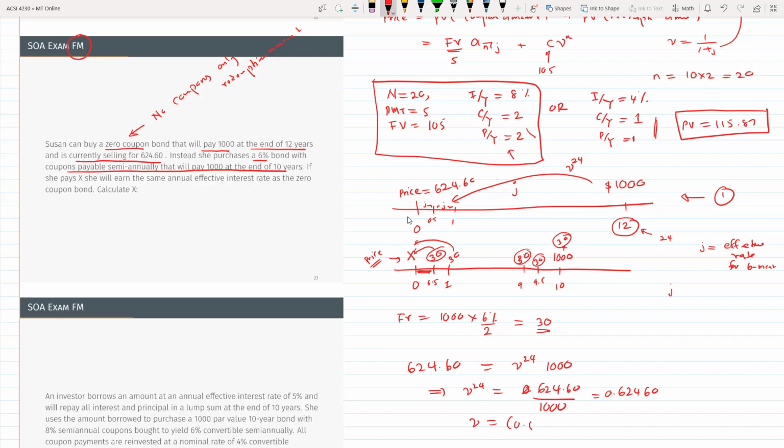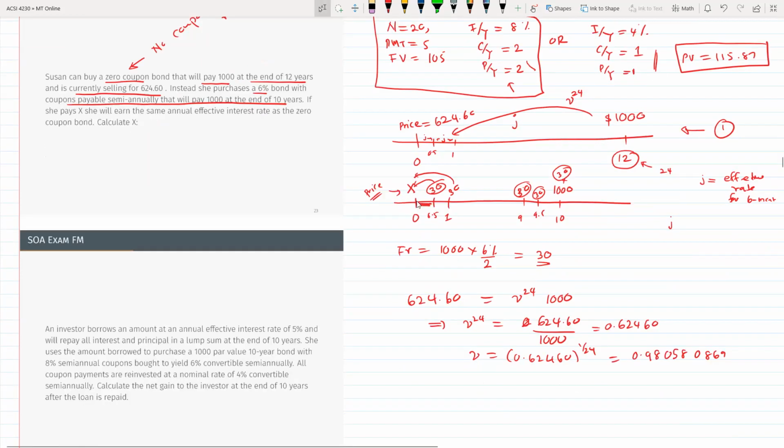V is what? Let's calculate this. 0.62460 to the power 1/24 is going to be 0.980580869. And we know that V is 1 over 1 plus J. So 1 plus J is basically the inverse of this.